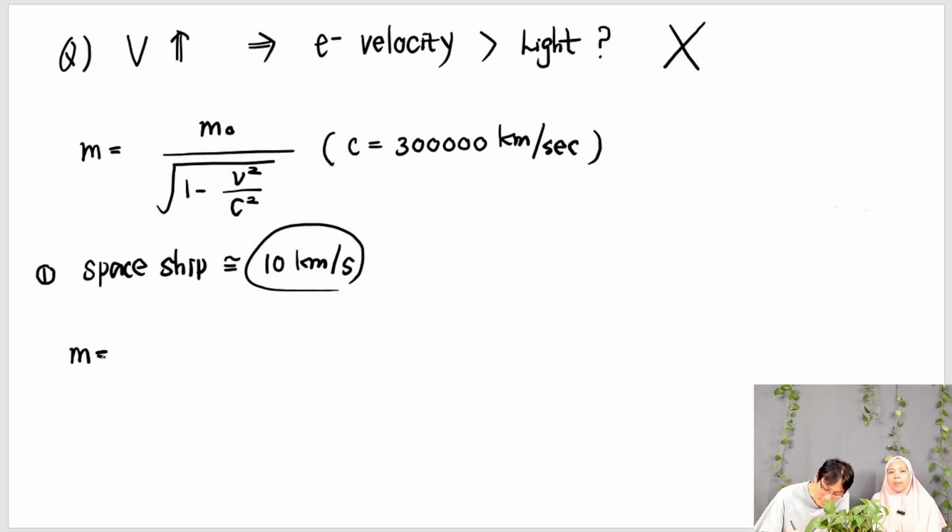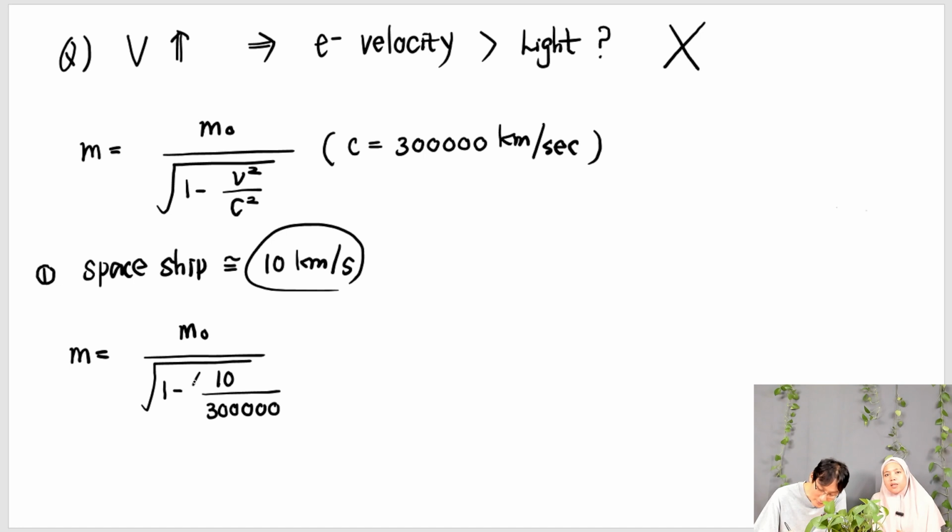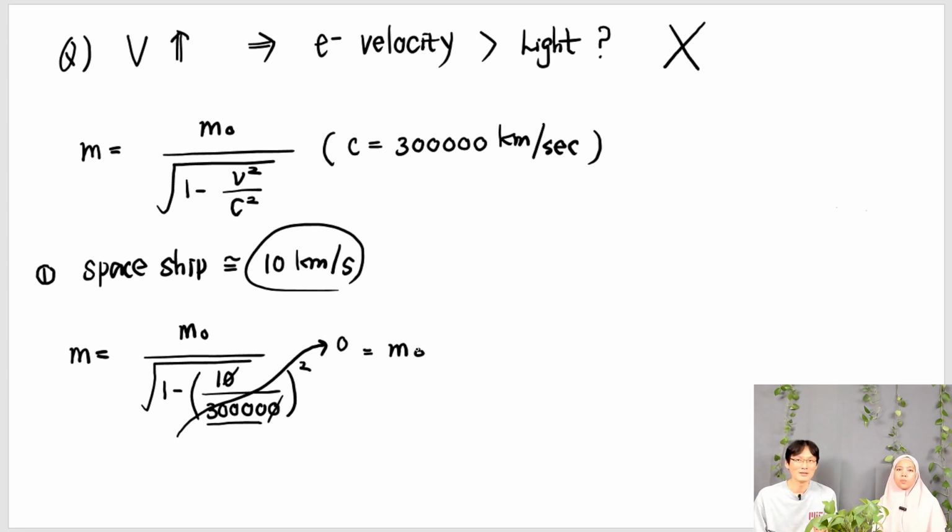So m equals m0 over square root of 1 minus (10 over 300,000) square. One over this high value, very small number, we can ignore this value. So the final result m is m0. The mass remains constant.